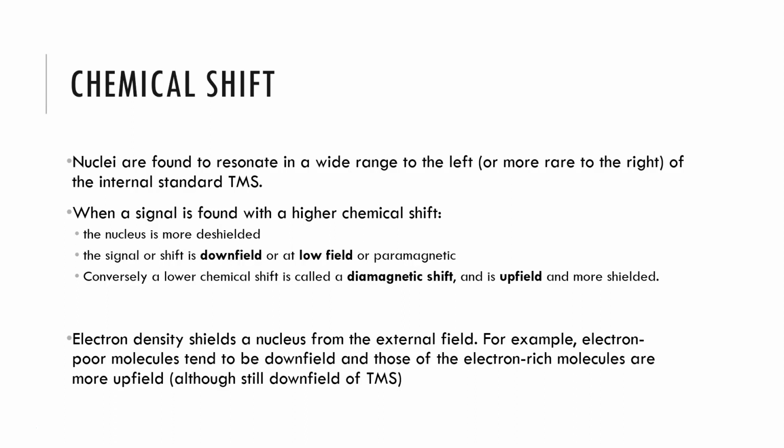So the electron density of these electronegative things can shield the nucleus from the electrical field, or it can de-shield it, allowing the radiation to get into the nucleus easier, causing the frequency at which that spin flip occurs to be different. So what we really need to know is that the nature of what is attached to the group we're looking at can influence its shift. So we can look at the data booklet, but be prepared that they may change around a little bit.